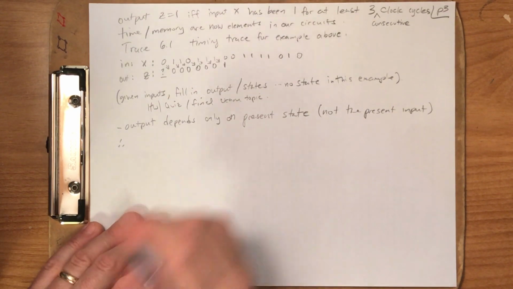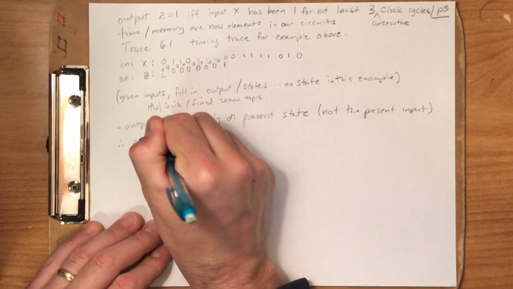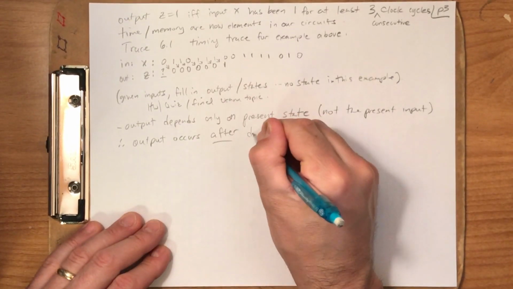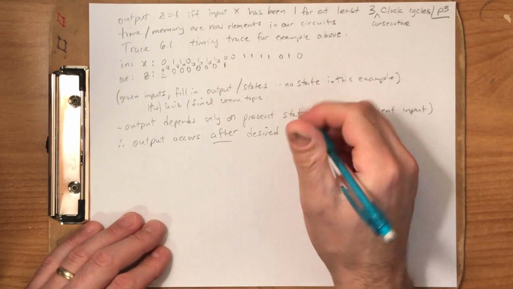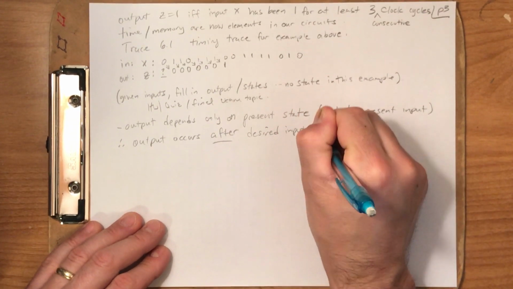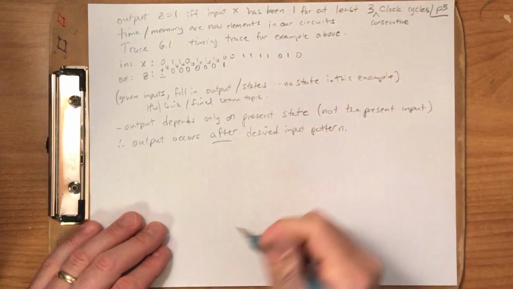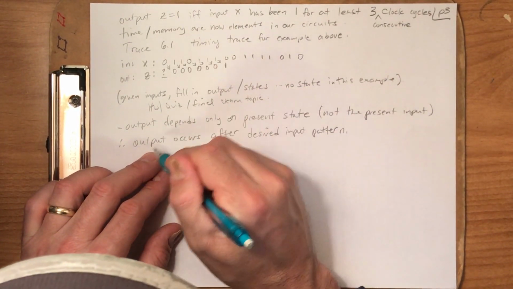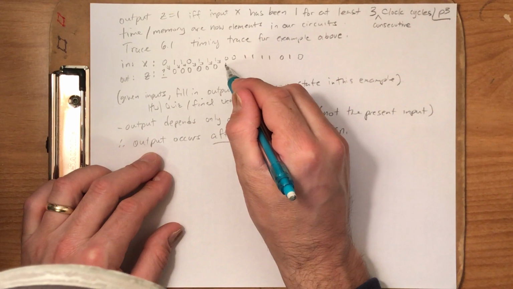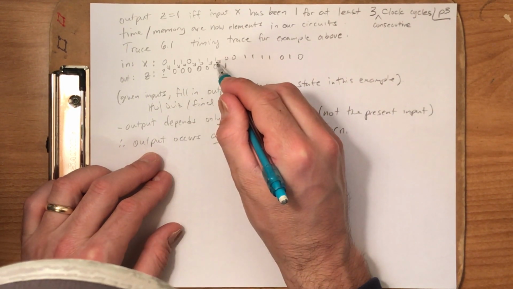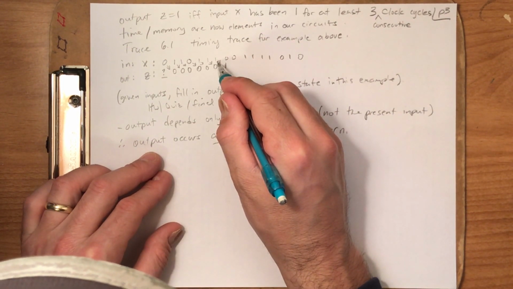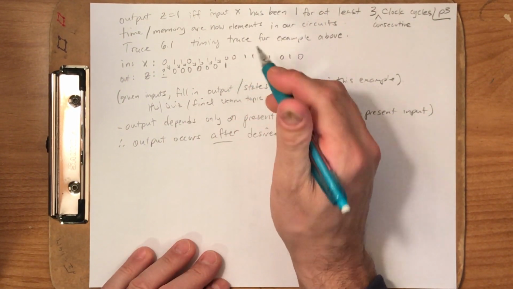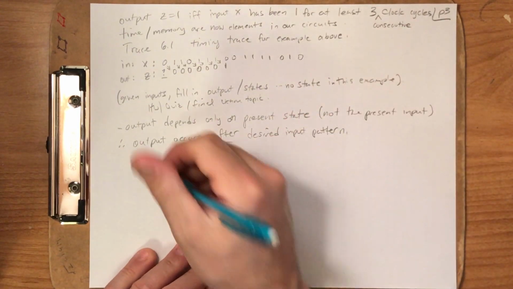Therefore, output occurs after desired input pattern. So what this means, and this is directly from the book, I added a word or two for clarity. This 1 happened after we got 3 1s. And you'll see this come out a little bit more clearly when we actually define a state table for this system.